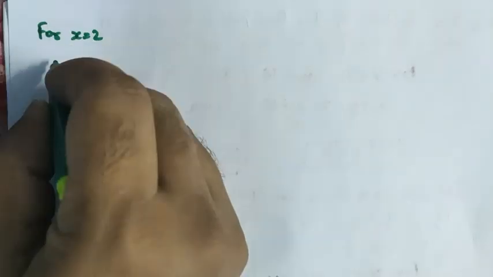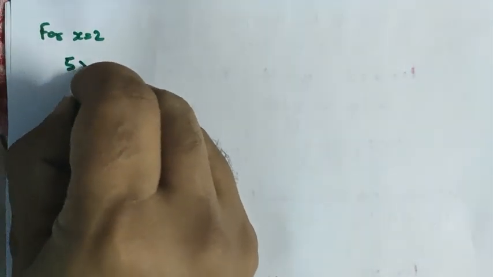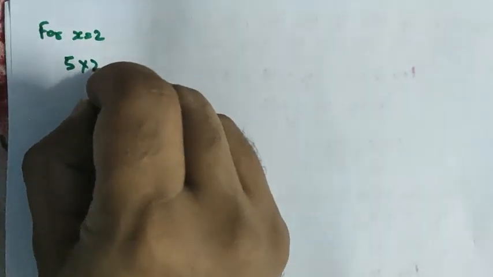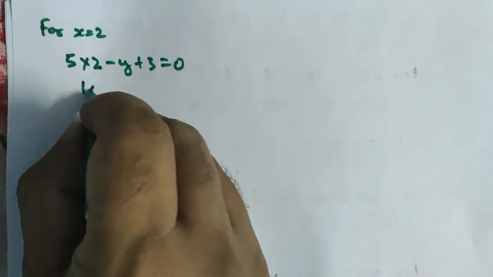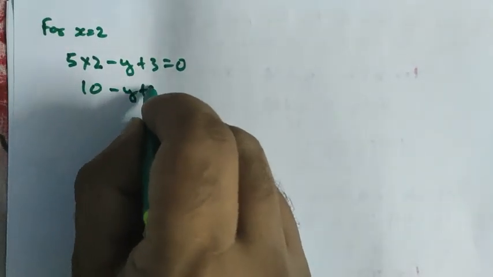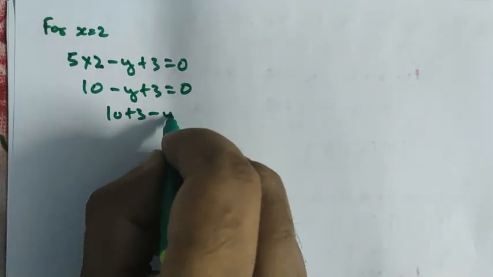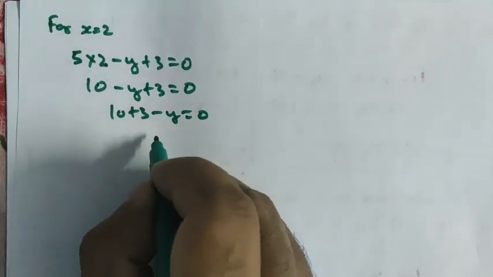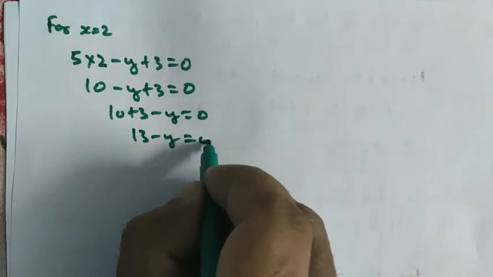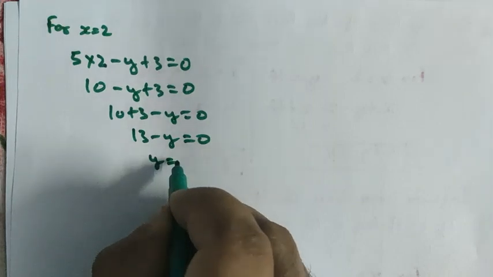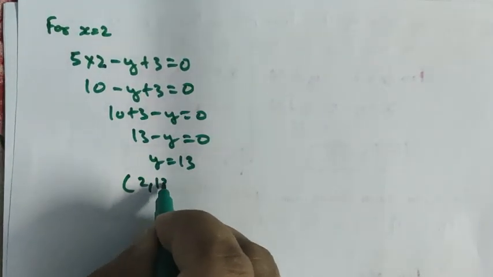So third point, for x equals 2, we will put in the equation 5 into 2 minus y plus 3 equals 0, that is 10 minus y plus 3 equals 0. 10 plus 3 minus y equals 0. So here 13 minus y equals 0. So y equals 13. So third point will be 2 comma 13.